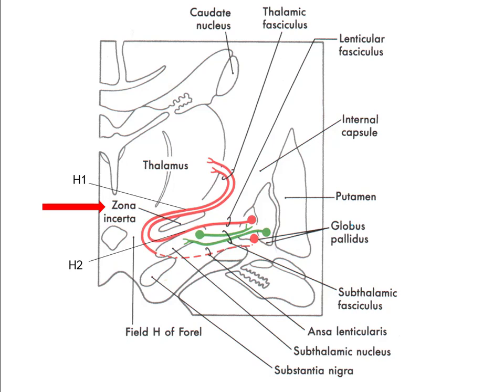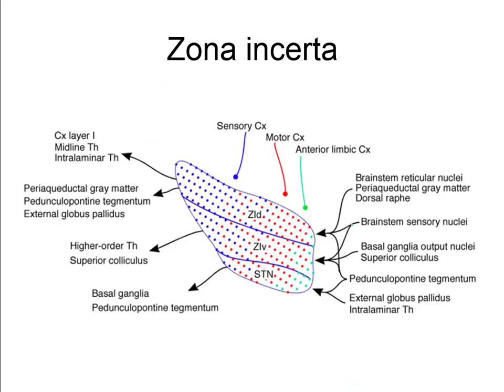So what's the stuff that's in between? There's this area that it bends around. It's called the zona incerta. It's the stuff in between. It's a really poorly understood anatomic area. But what's interesting is that it's wired incredibly tightly to an enormous number of things that we already know about. So it's wired to motor and sensory cortices. Okay.